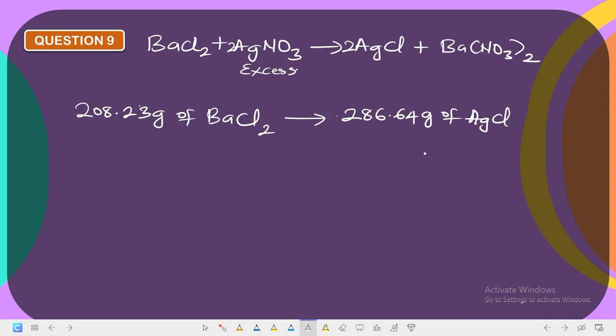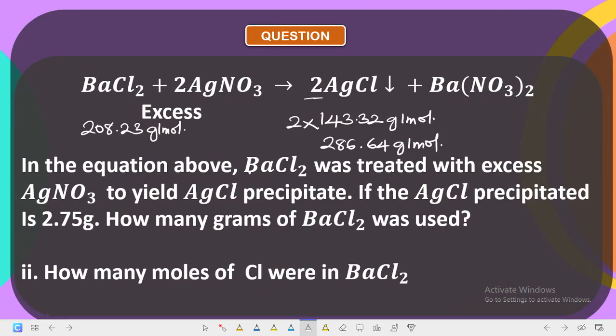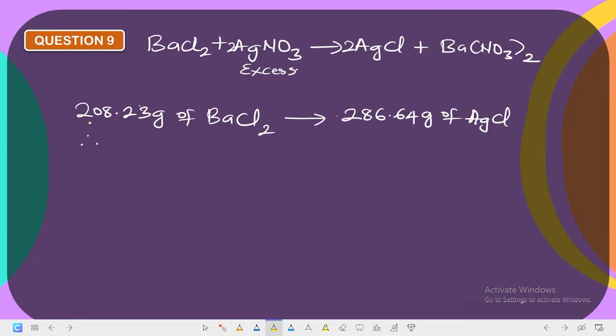Therefore, you are now coming back. What was the mass of silver chloride that precipitated out of the reaction? The mass of silver chloride is 2.75 gram. So we are going to come here and say, if 208.23 gram of barium chloride gave 286.64 gram of silver chloride, therefore 2.75 gram of silver chloride would be equals to what?